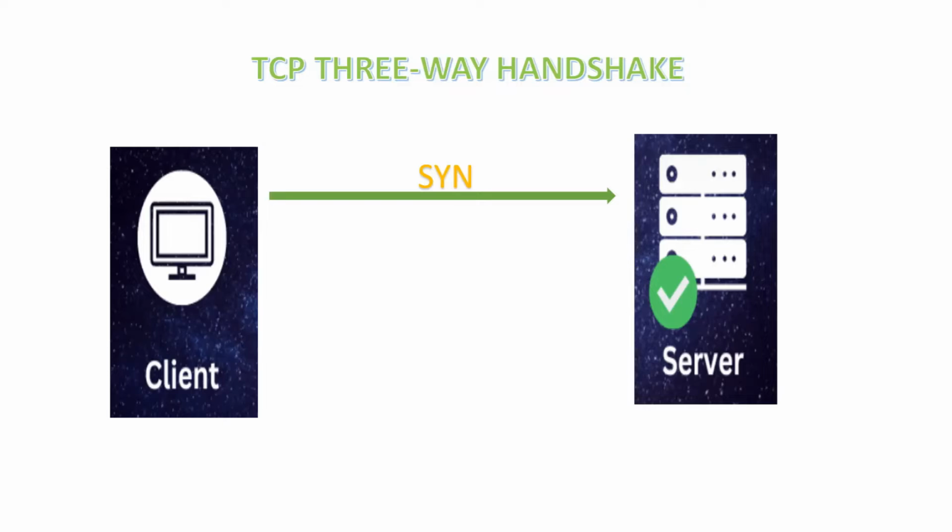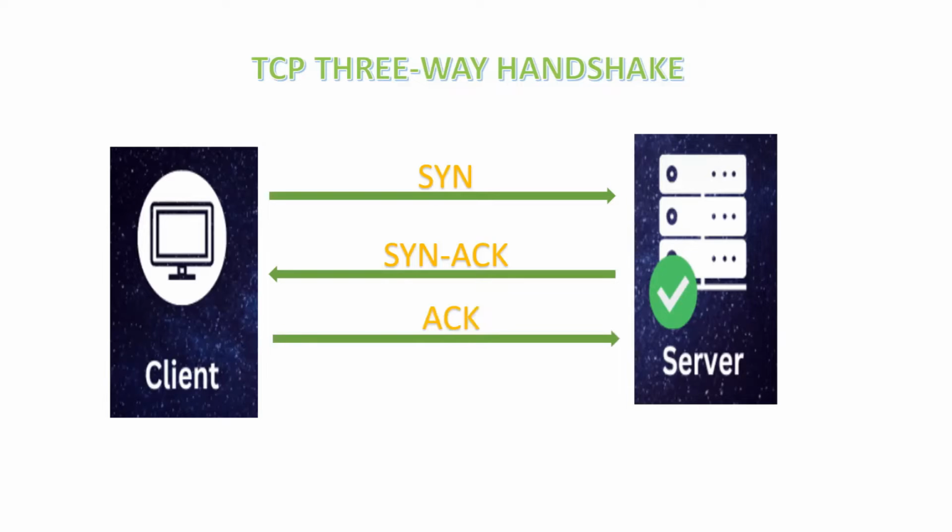So the client will send a SYN. The server will send a SYN and an acknowledgement saying, okay, I acknowledge, I'm okay to talk to you. So are you ready to talk to me? The client then sends an acknowledgement back saying, yes, I'm ready to talk.